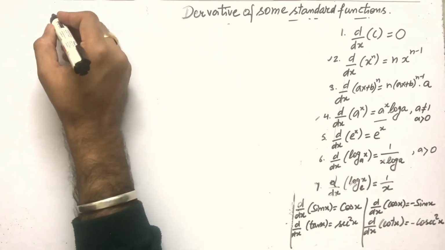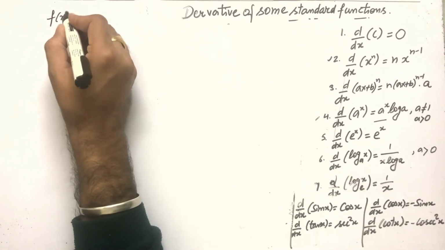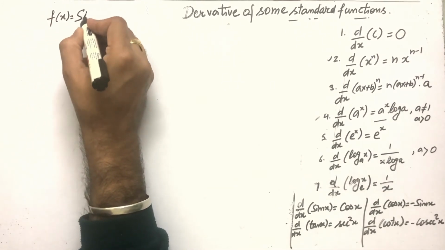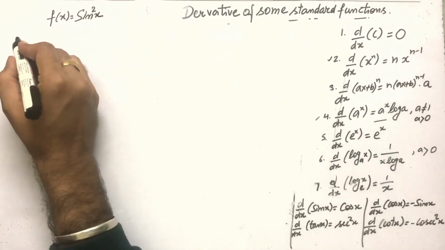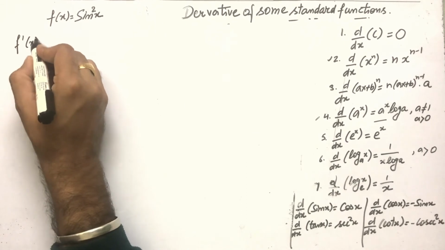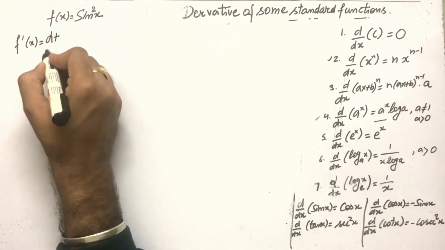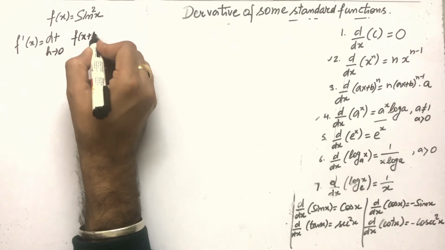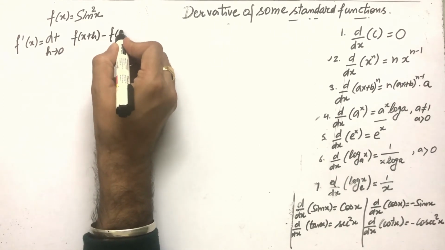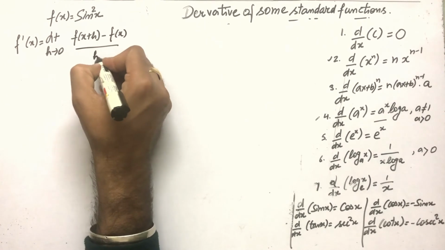Let us now find the derivative of f(x) is equal to sine square x by first principle. First of all, as usual, we write the formula. Limit h tends to 0, f(x plus h) minus f(x) upon h.